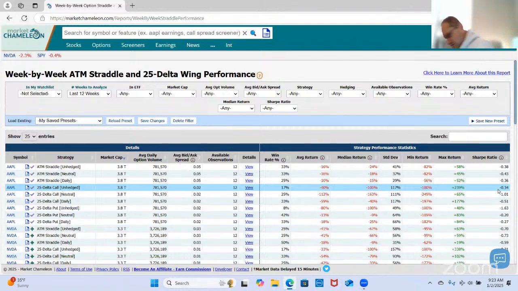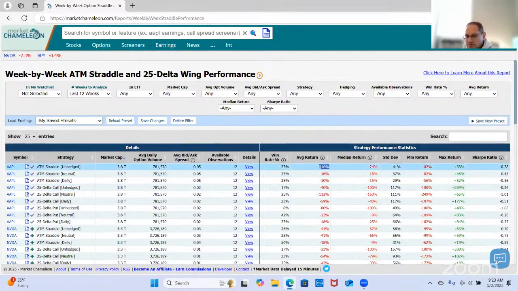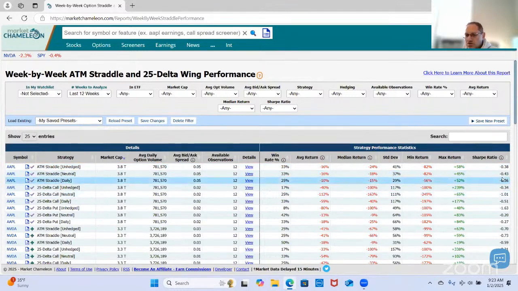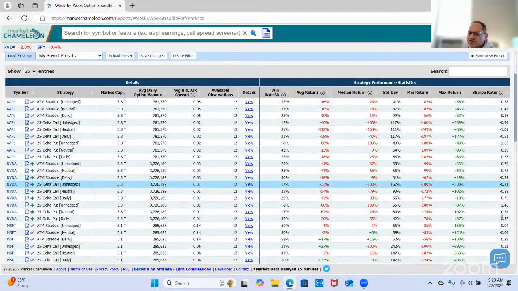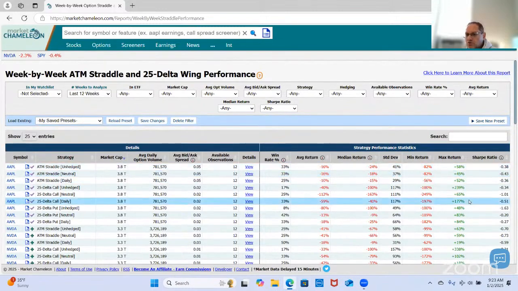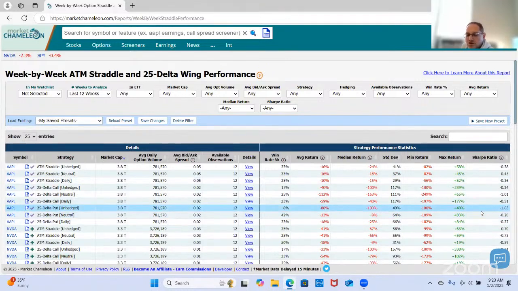So a higher return and lower risk is preferable. That's what this ratio is trying to help us get a sense of: where are the highest returns with the lowest variability? And we'd want to see some positive ones, in these cases these are all negative, to support that strategy.